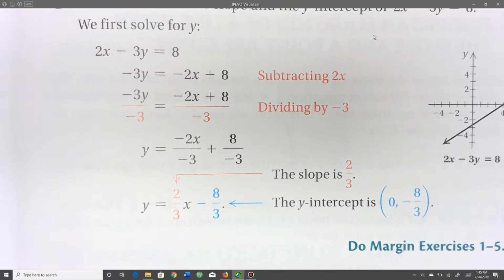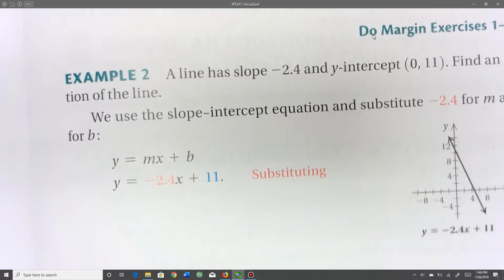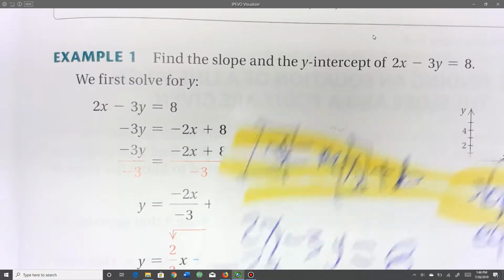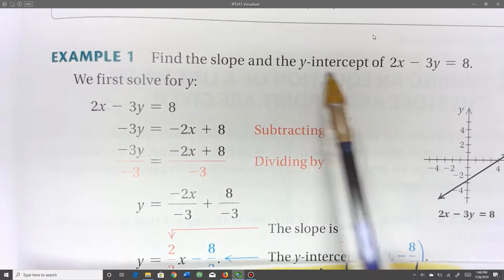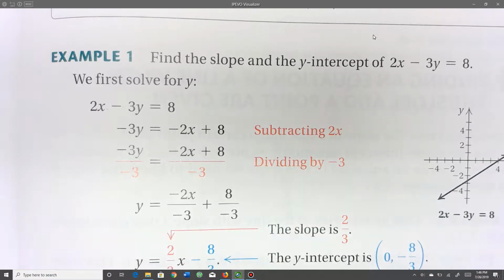All right, and that's the way you find the slope and the y-intercept when they give you an equation like this. We are not yet finding equations, but that's because they are setting us up.